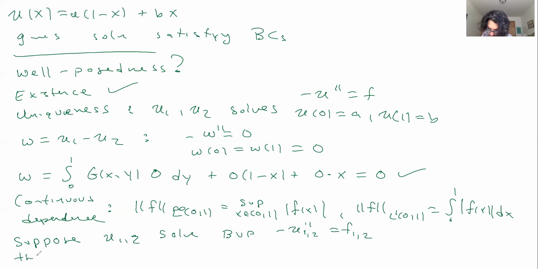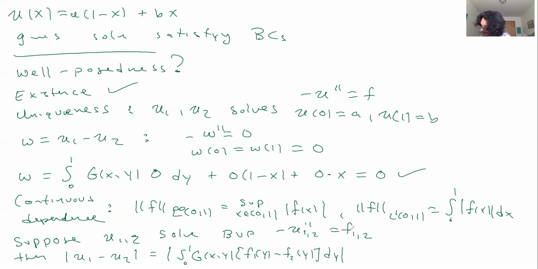Well, then what we can say is that the absolute value of U1 minus U2 is equal to the absolute value of the integral of G(x,y) times (F1(y) minus F2(y)) dy, okay?